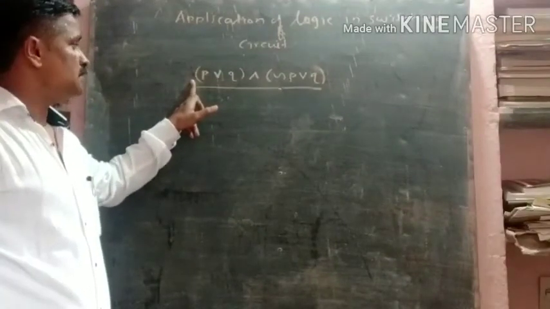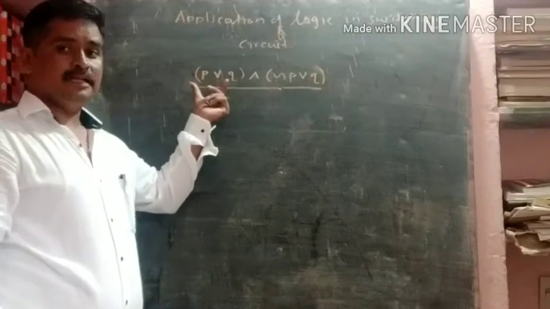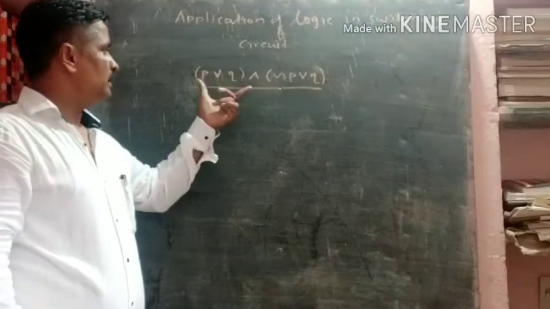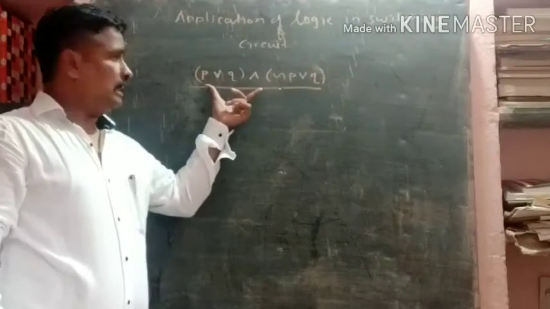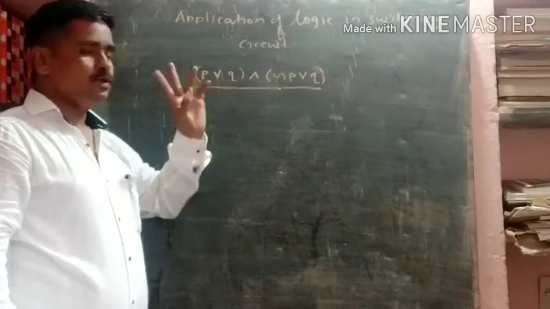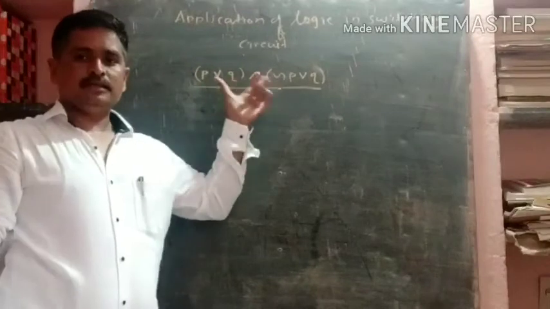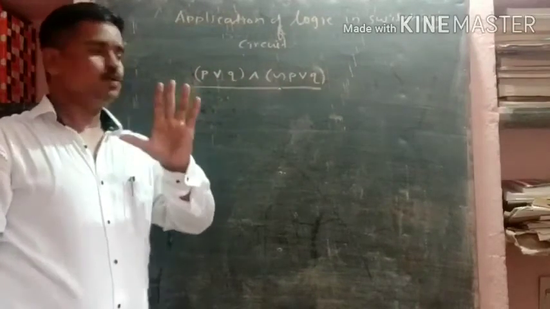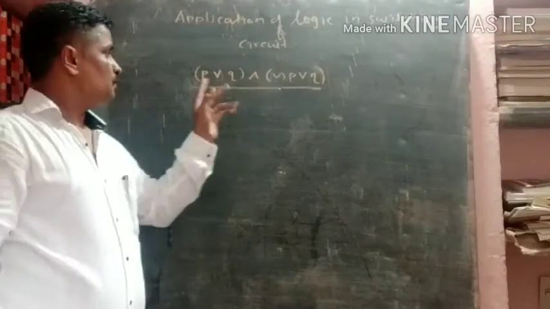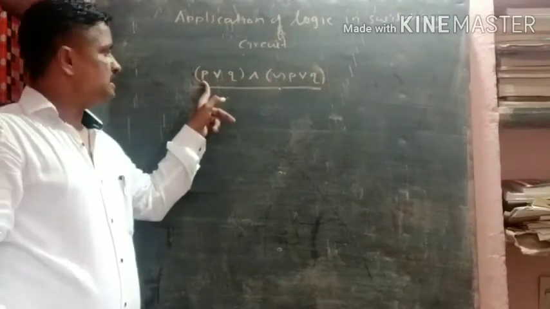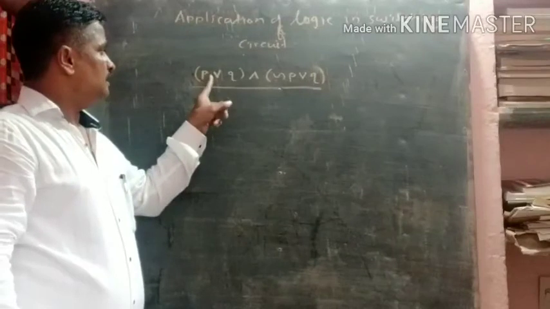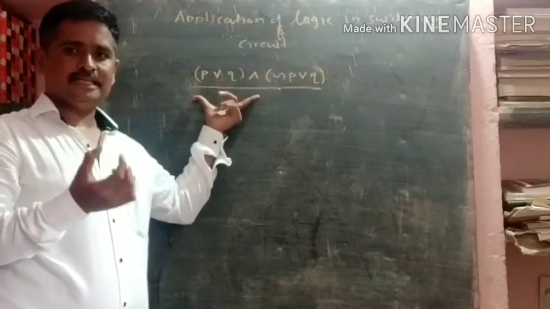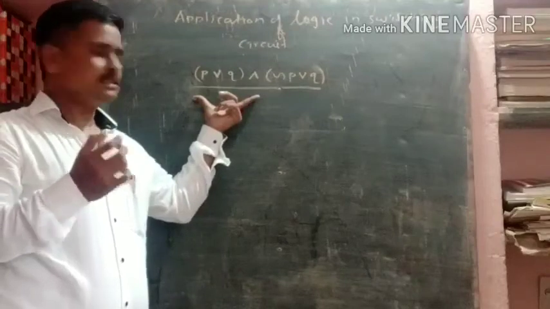For this purpose, we have to obtain how many rows and how many columns are present in the table. We have two statements, so there are 2 raised to 2, that is 4 rows. The number of columns depends on the number of statements plus the number of basic connectives.